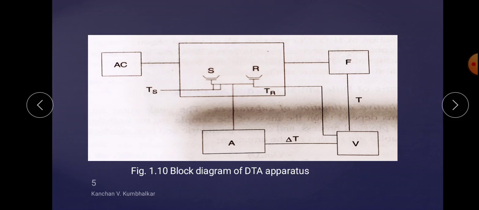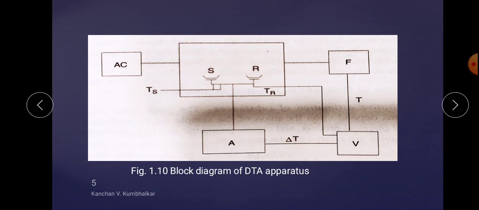This potential is fed into the amplifier A, and the output is proportional to delta T. What is delta T? Delta T is the difference between the temperature of sample and temperature of reference, that is delta T is equal to Ts minus Tr.